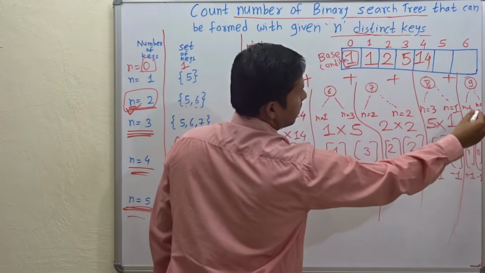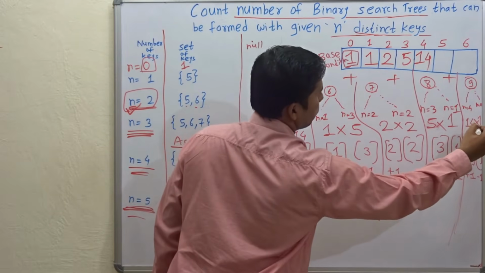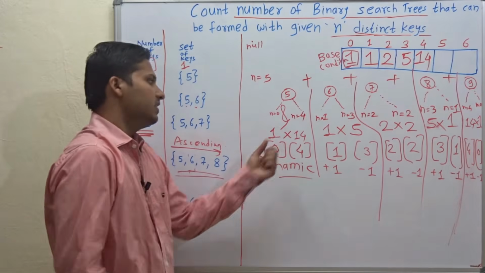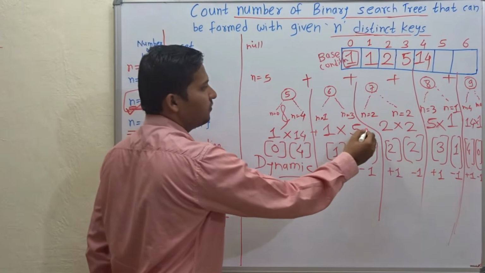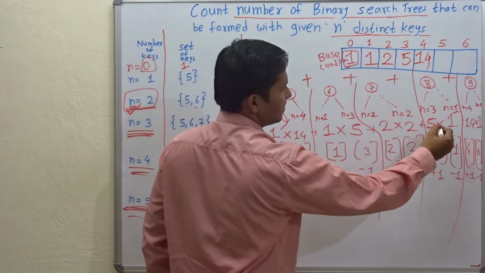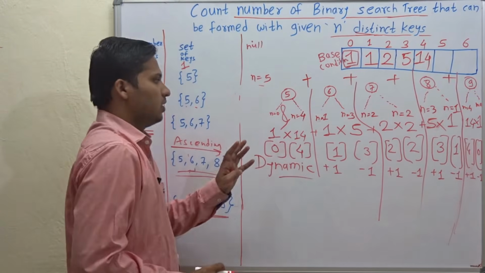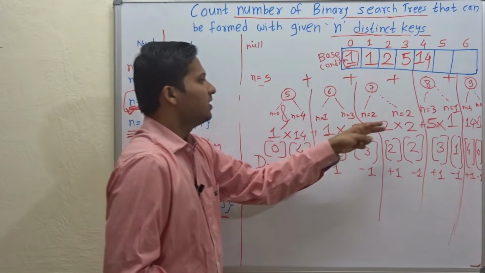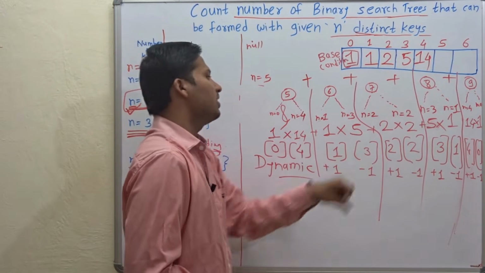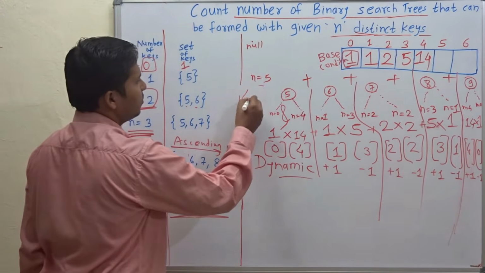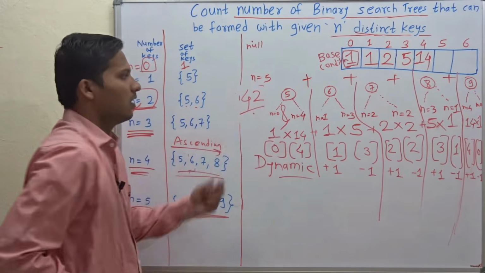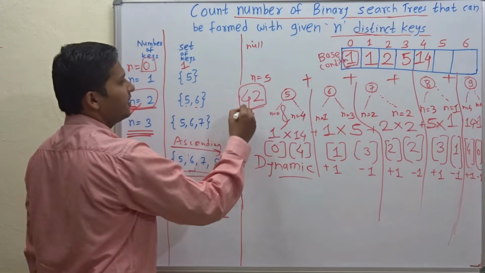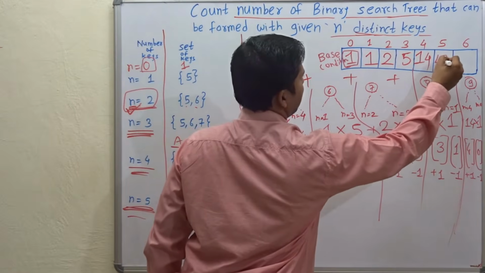Into, for 0 keys it is 1. Okay, so it is 14 plus 5 plus 4 plus 5 plus 14. So 14 plus 14, 28, plus 5, 33, plus 5, 38, plus 4. So that is equal to 42. Okay, so there are 42 binary search trees possible.